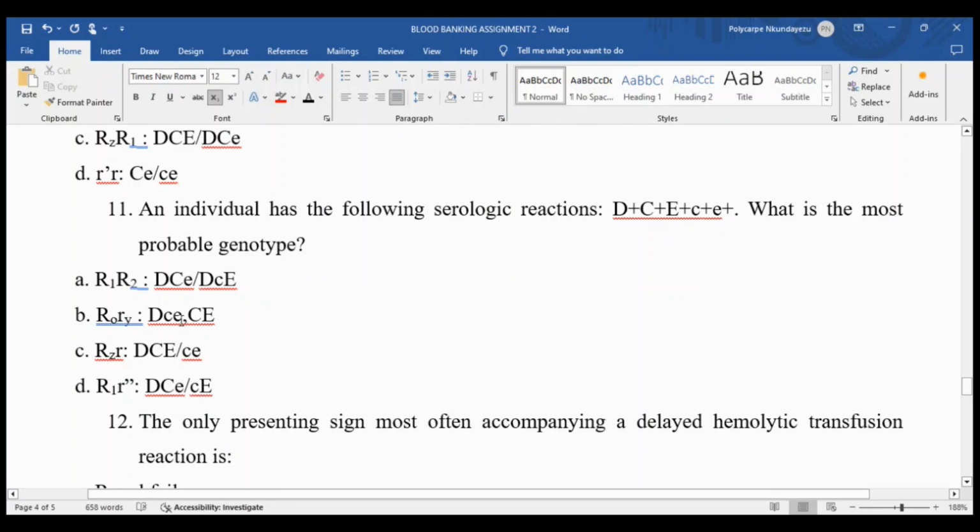So we have RY, DCE, DCE, CE. So why is it not this one? All of them are there. Why didn't you choose this one? All of them.